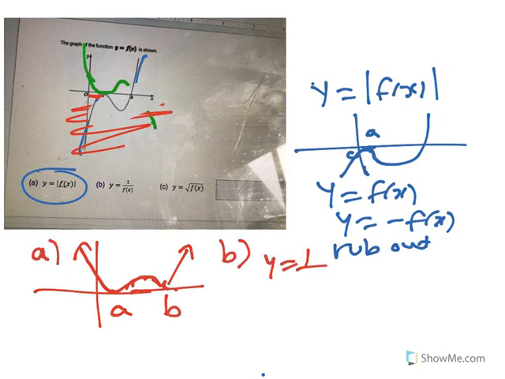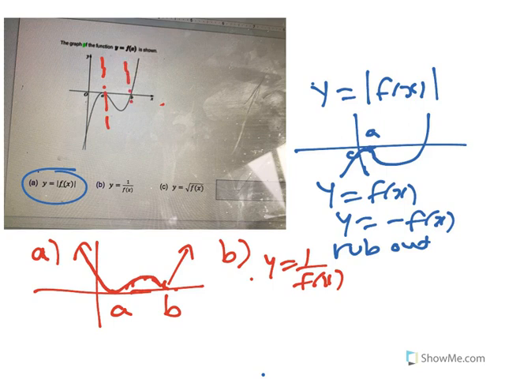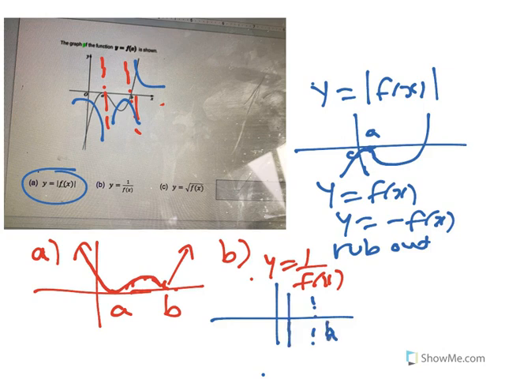So part B, 1 over f of x. I'll do it up here on the curve. Basically, you have asymptotes at the intercepts, and everything else flips. It still stays in the same quadrant, keeps the same sign, it all flips. So you've got asymptotes at A, asymptotes at B, asymptotes at A. You have a curve here, here, and here.